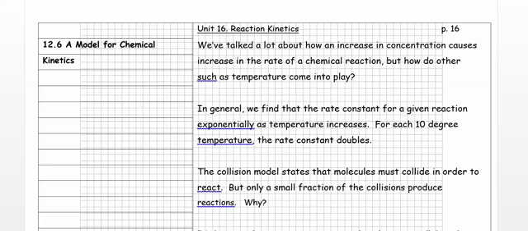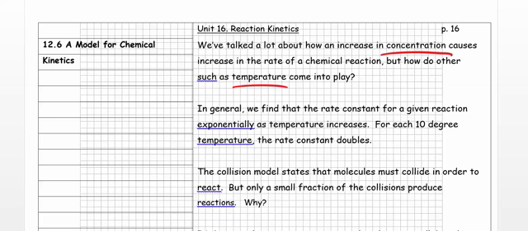So let's start with this idea that concentration is important in determining reaction rates. But we started out the unit saying that concentration was only one of a couple of things that affects reaction rates, and temperature was another one. So how do we fit these things into a common theme? And by the way, with regard to temperature, it's not a minor component of what increases the reaction rate.